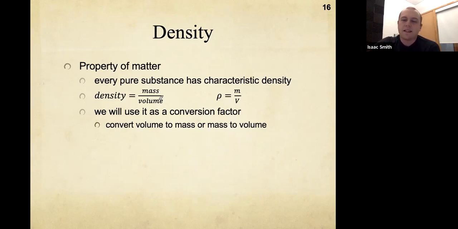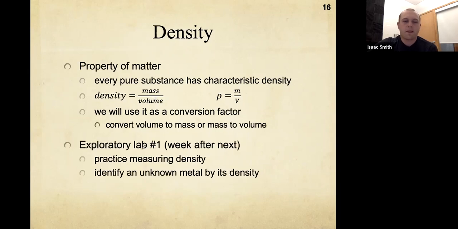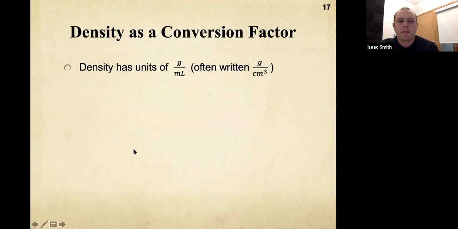Then you'll need density, because it actually converts between mass and volume. You can use this fraction as a conversion factor. Sorry, this mentions the exploratory lab, which we're not doing because the class is online, so you won't have to worry about that. Okay, density generally is written as grams per milliliter.